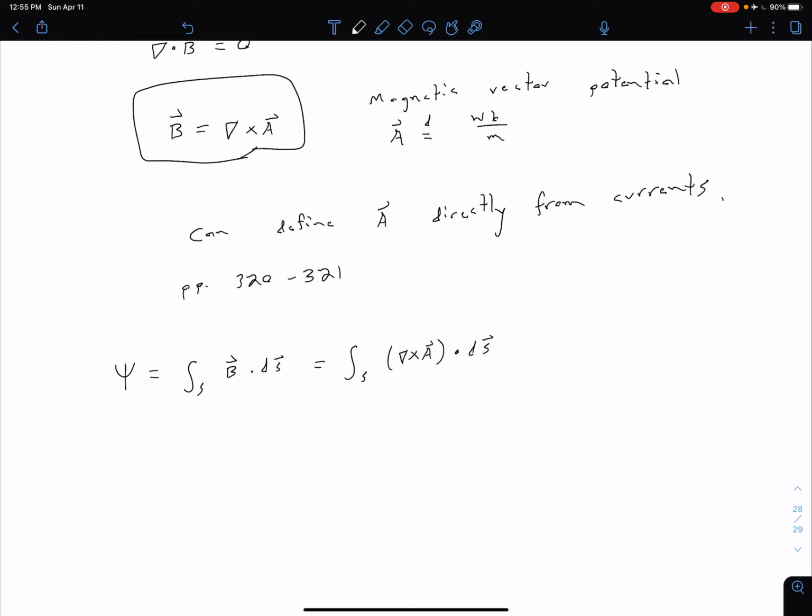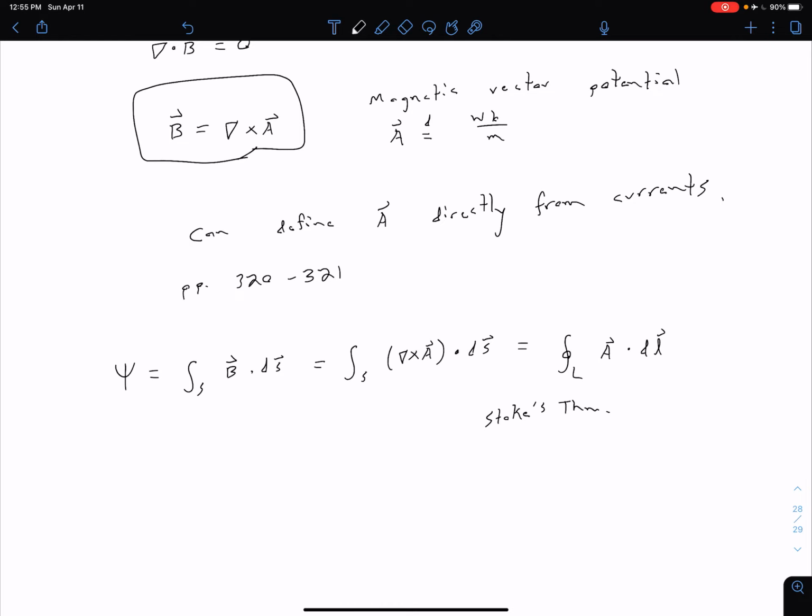And now again, we can use something from our vector calculus unit. If we have the integral over the surface of some curl of a vector, we can convert that to a line integral around some closed path. And so that's going to be the line integral of A dot dl. And that is using Stokes theorem.